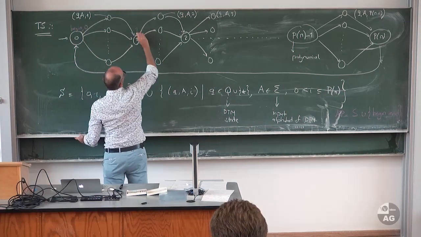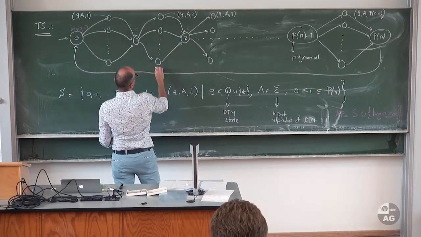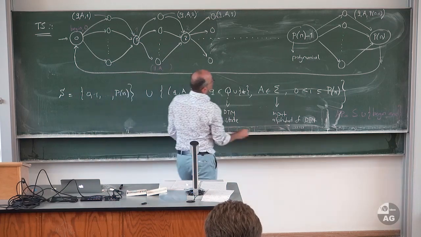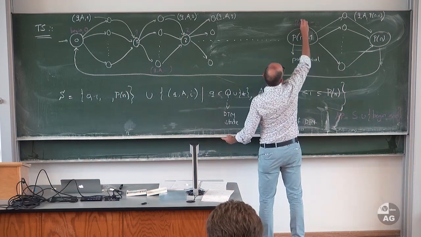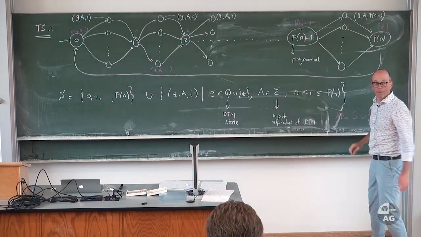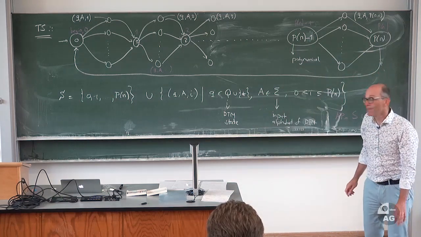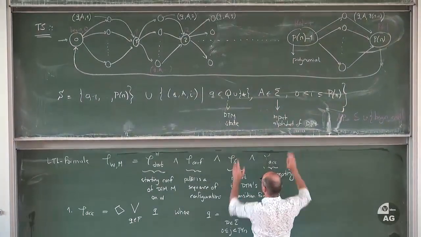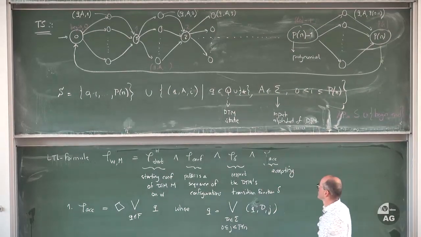This is labeled with 1, this is labeled with 2, this is labeled with, for instance, Q, a, and then some j. And this is labeled with p(n), and then p(n)-1, and so forth. These are the atomic propositions. Good. Okay, so this is done.